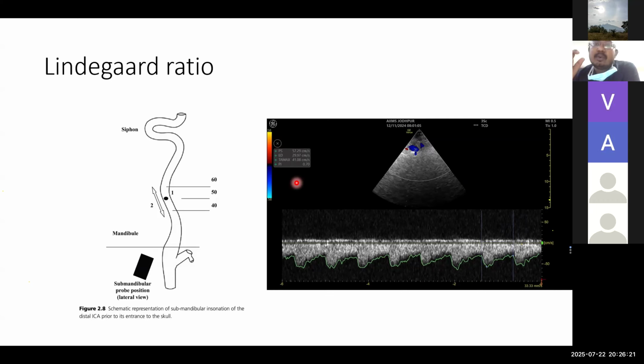You may ask, sir, why don't we use a linear probe? Usually a linear probe has an angle correction if you use an artery preset, whereas when you use a phased array probe, you may or may not choose angle correction.